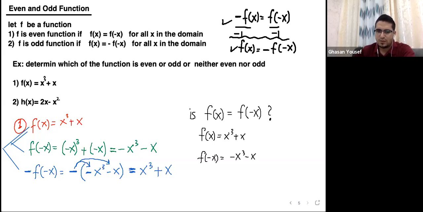Is this equal to this? No, it's not equal. So the answer is no. This means the function is not even.